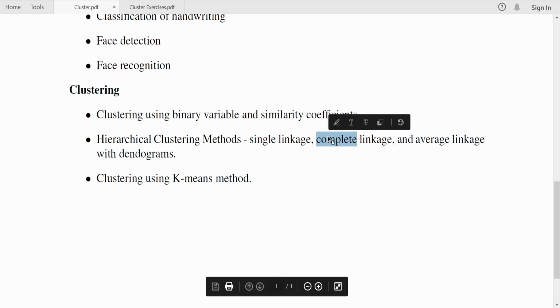Complete linkage means that we actually take the maximum distance between clusters. For example, if we have 2 clusters, we find the 2 items or 2 individuals that are the furthest away in those 2 clusters.